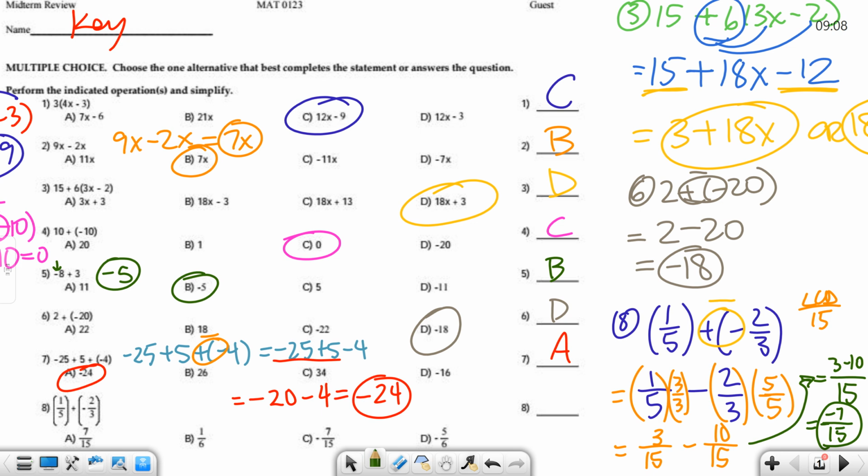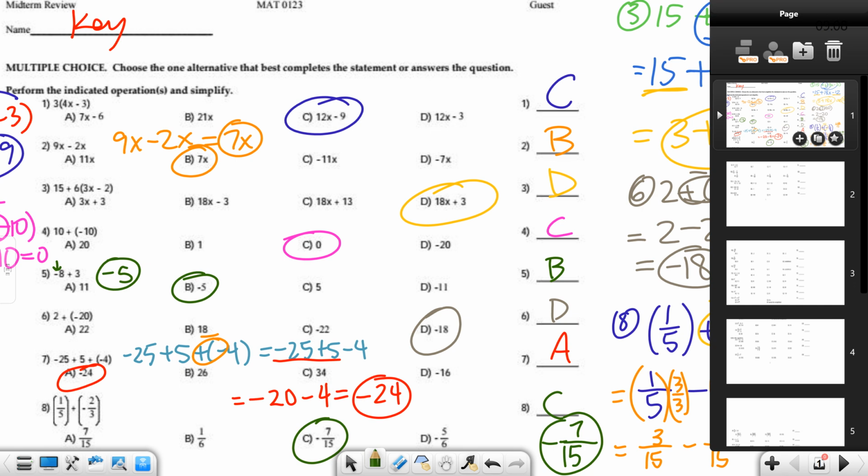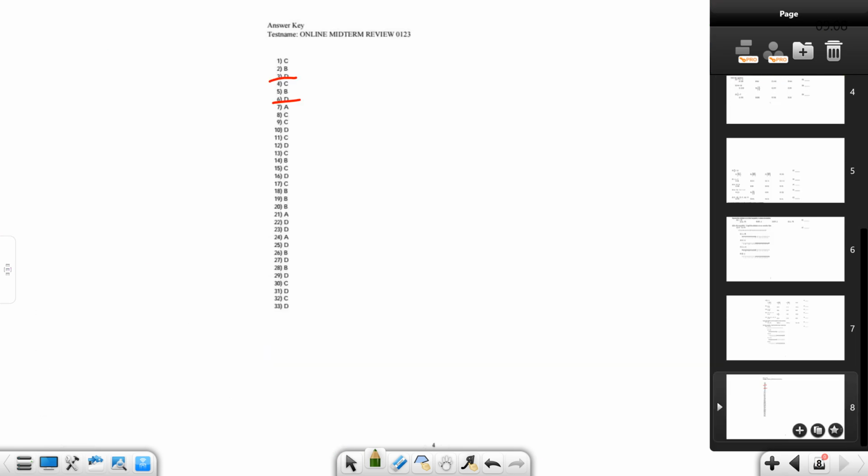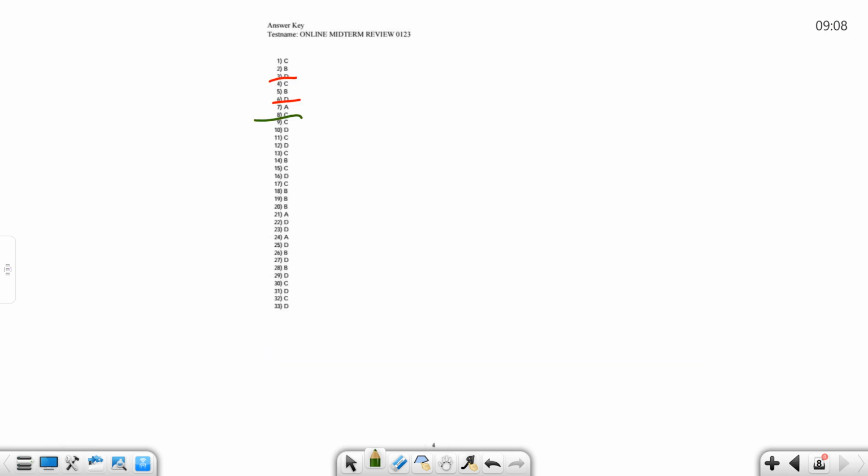The other way you could write that, by the way, is negative out front, 7 over 15. You can have the negative out front or the negative up in the top with the 7. So negative 7 over 15, which is C. So let's go back and check 7 and 8 and see if they're A and C. Go back and check for A and C right here. And indeed, 7 and 8 are A and C.